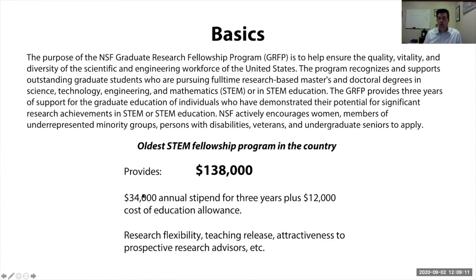It's usually more than what the base level is at most universities. In addition to that stipend, it also provides a $12,000 cost of education allowance. That goes to the university. It could cover health insurance costs, it could cover tuition costs, a variety of different things. You won't see that money, but you will see the stipend.